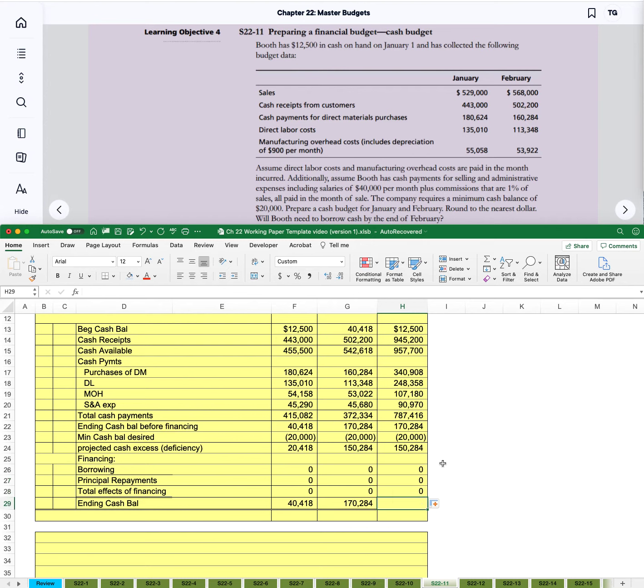And so we are back to our cash balance of 170,284. And so the last part was, do we need to borrow cash at the end of February? And the answer is no. We have cash excess beyond our minimum desired balance of 20,000, so there's no need to borrow cash at the end of February.